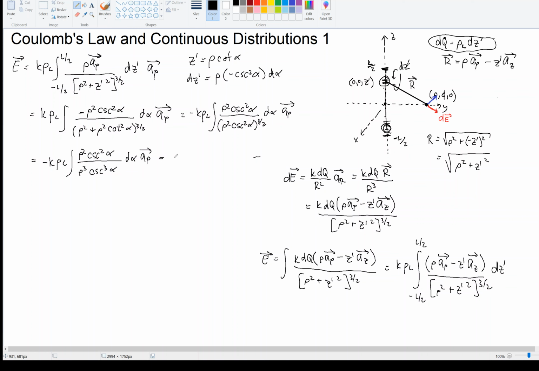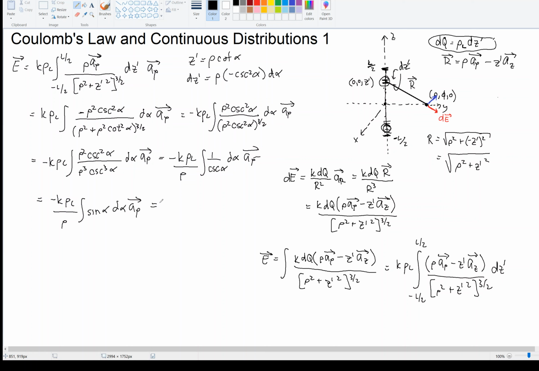And now you see it: minus K rho L over, I'll bring out one of the rhos, the other two cancel, and the cosecants cancel, and I'm left with 1 over cosecant alpha d alpha a rho. Nice, right? This is why we're doing the trig substitution, and so I've got those constants out in front. 1 over cosecant of alpha is sine of alpha d alpha.